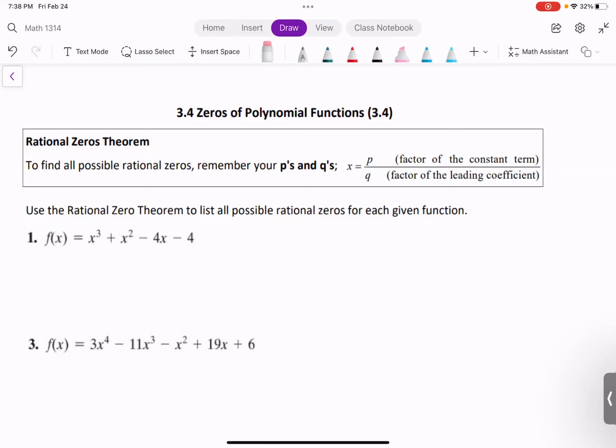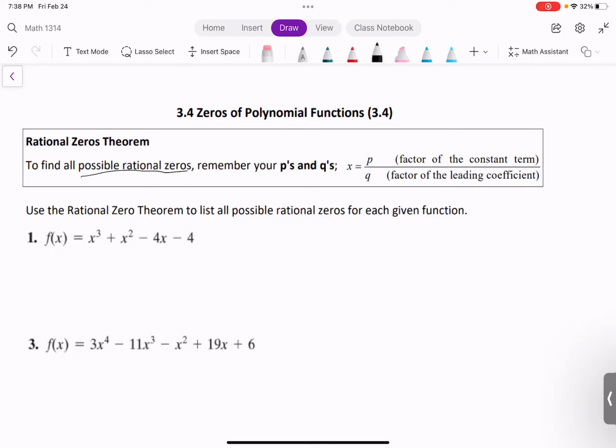Rational zeros theorem: we can find all possible rational zeros. Remember your P and Q: P represents the factor of the constant term, and Q represents the factor of the leading coefficient.